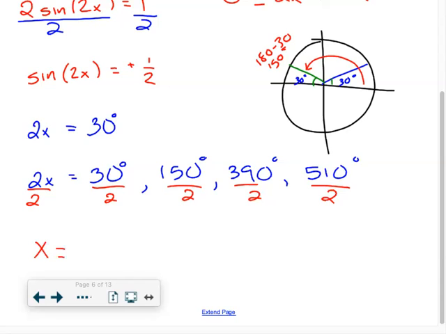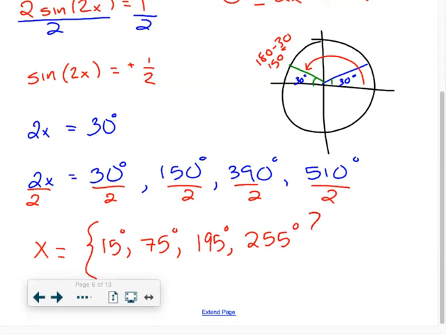Doing so leaves us with our problem set of 15 degrees, 75 degrees, 390 divided by 2 gives us 195 degrees, and 510 divided by 2 is 255 degrees here. So these are our 4 angles for this solution.